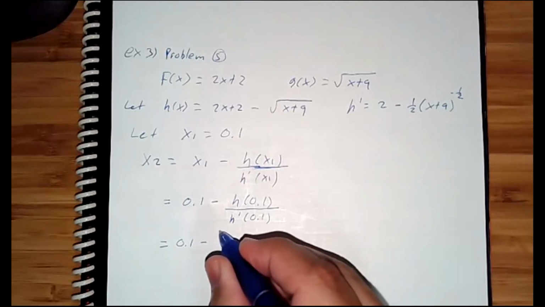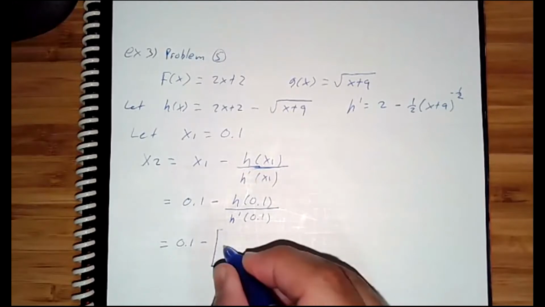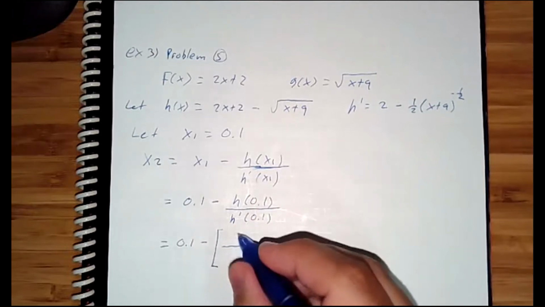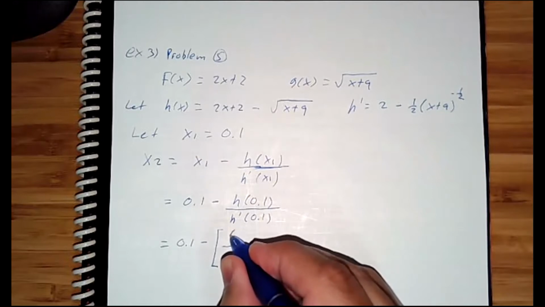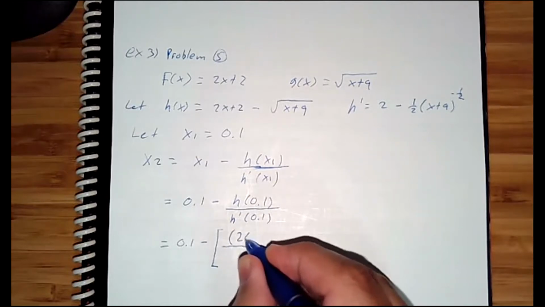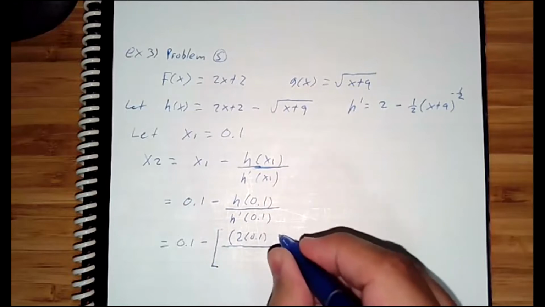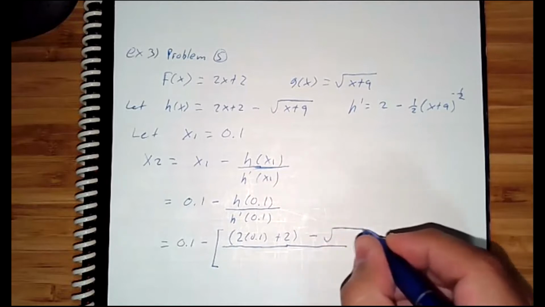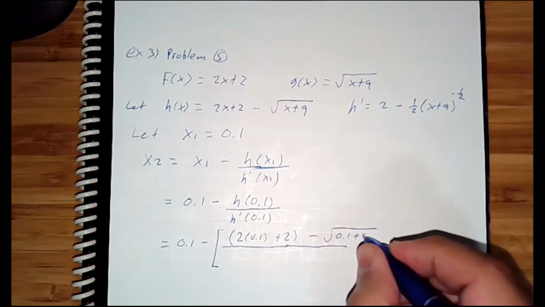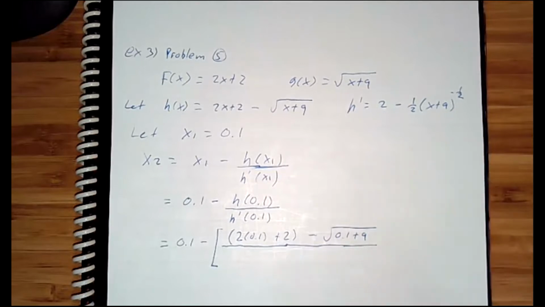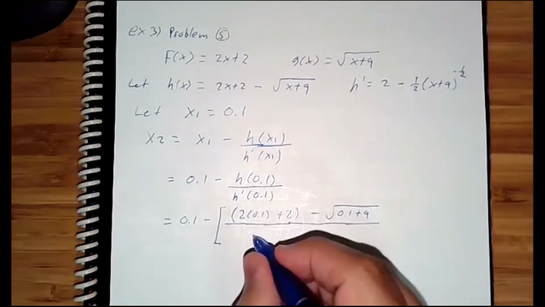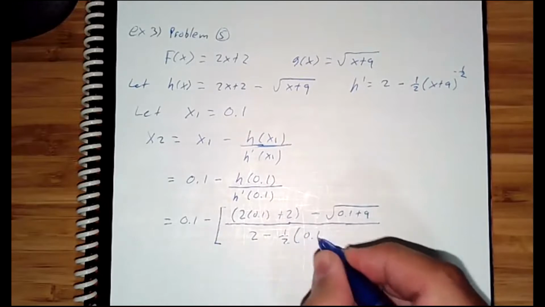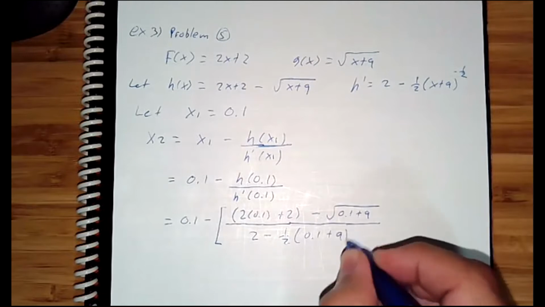On the top, we're going to have 2 times 0.1 plus 2 minus the square root of 0.1 plus 9, divided by the derivative, so that'll be 2 minus 1/2 times 0.1 plus 9 to the negative half.